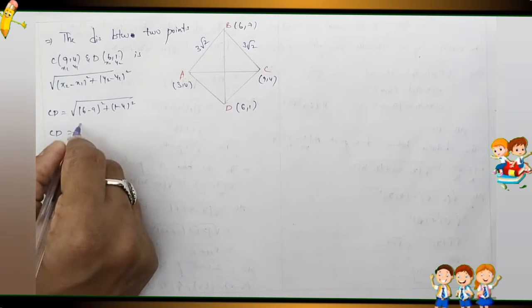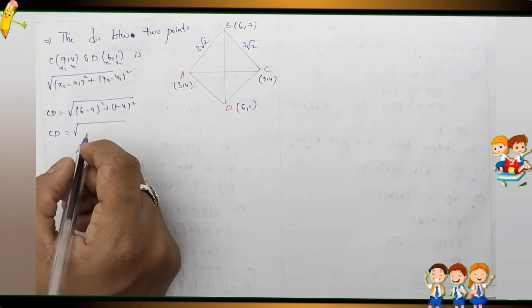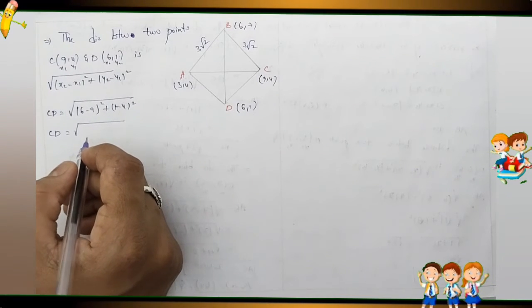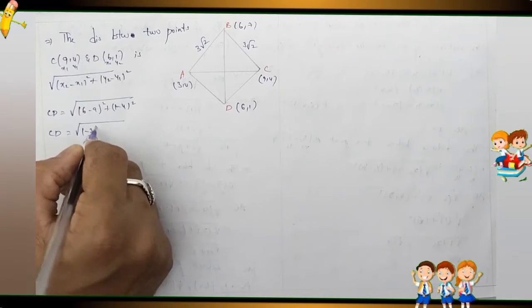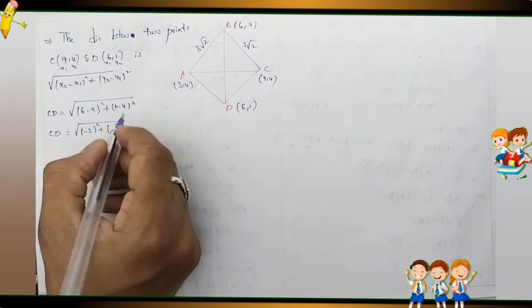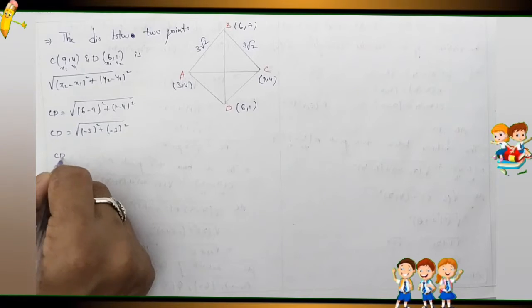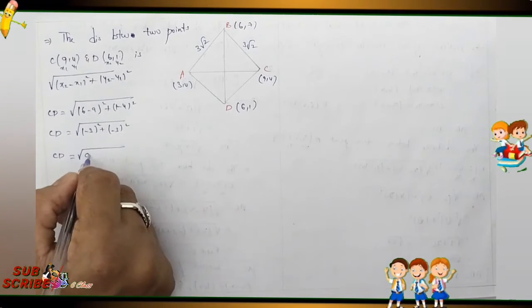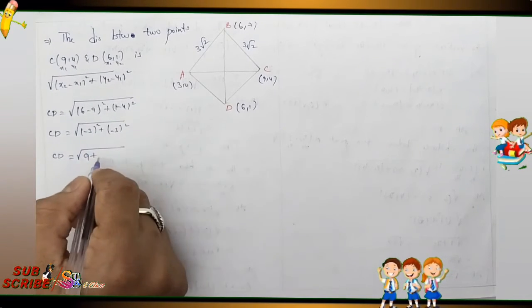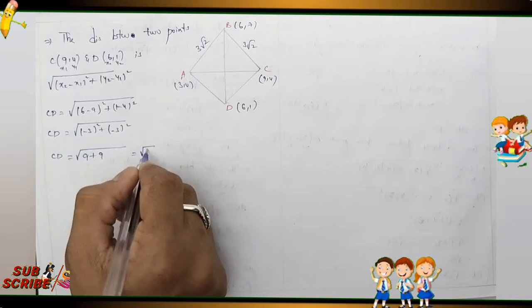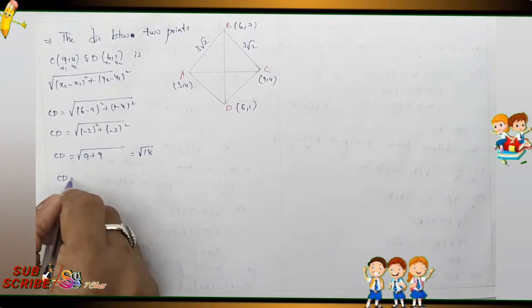So CD is equal to (6 minus 9, which is minus 3) whole square plus (1 minus 4, which is minus 3) whole square. Therefore CD is equal to 3 square, 9, and minus 3 square is also 9. So root of 18, so CD is equal to root 18.